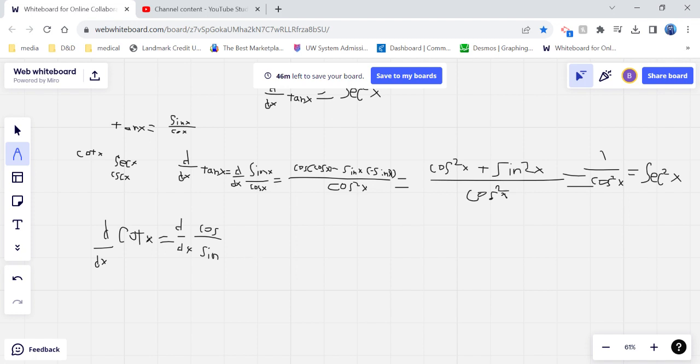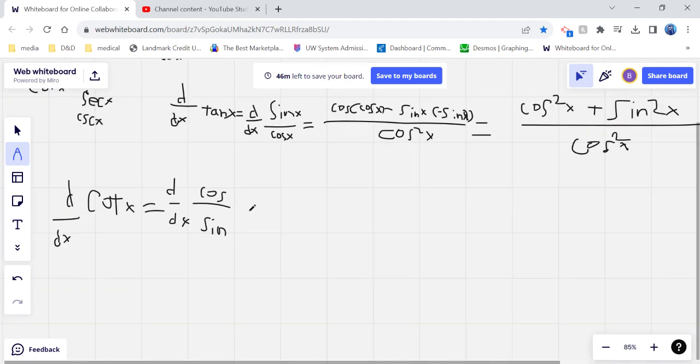So again, we approach this with the quotient rule. So we start with low d high. So we have sine of x times the derivative of the top, which is negative sine of x. Almost wrote negative cosine there. That would not be correct. So we have sine of x times negative sine of x minus high d low.